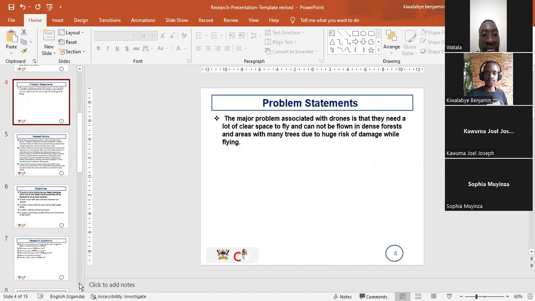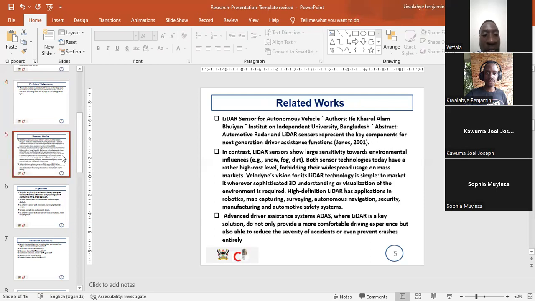You need clear space without obstacles so that it can operate successfully. Therefore, to solve that problem, we shall come up with a micro drone which can detect obstacles to avoid collision using a LiDAR system. LiDAR will be the technology used to detect the obstacles.